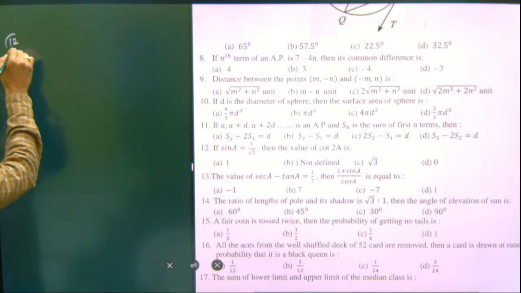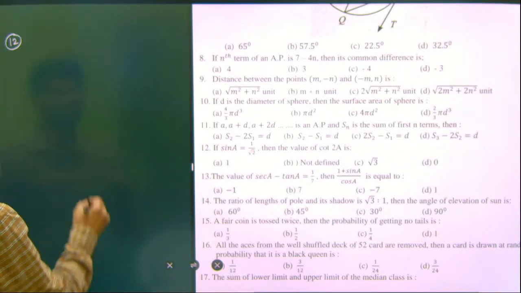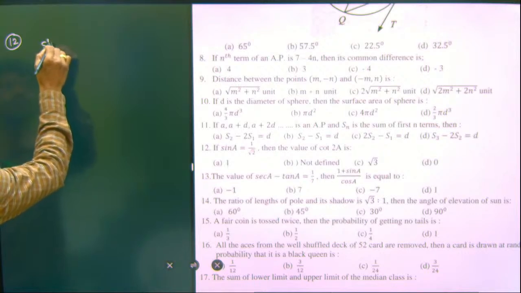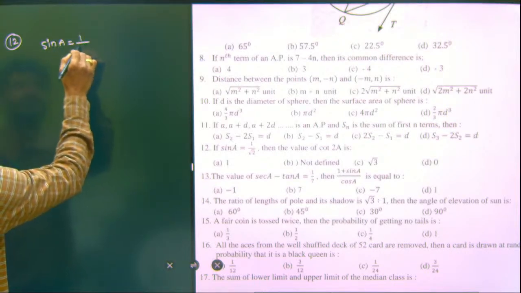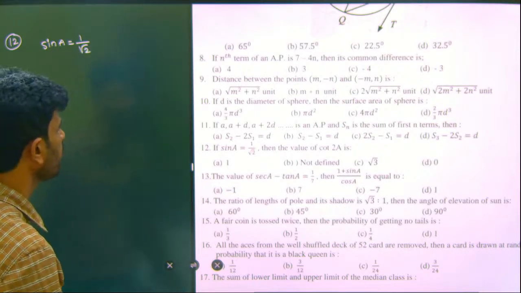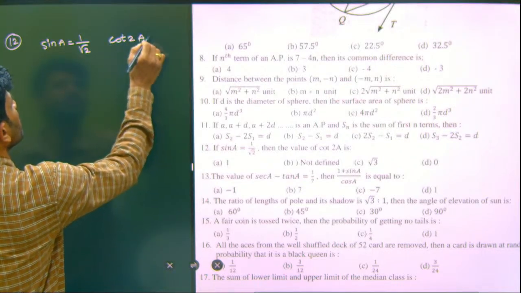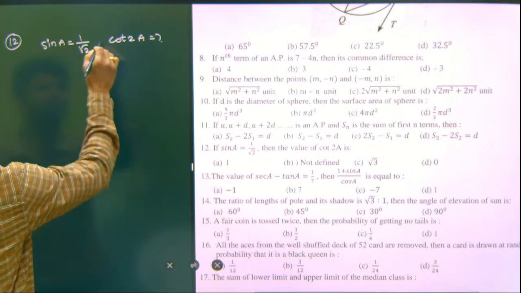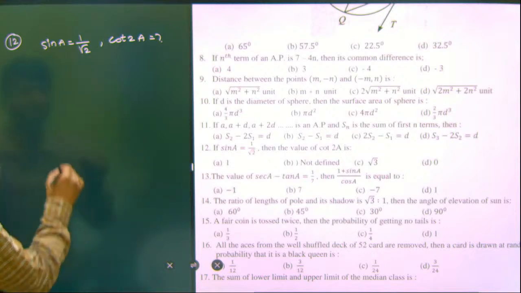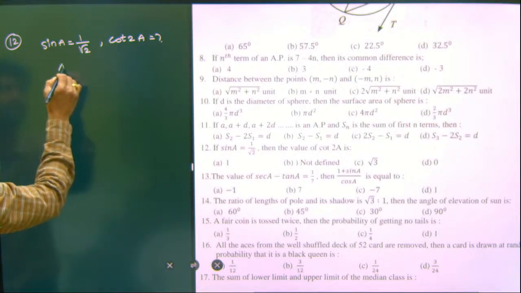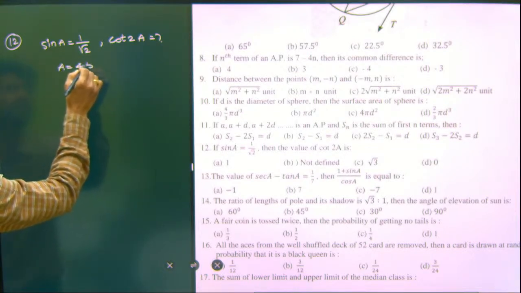Question number 12, what is given? Sin A is equal to 1 by root 2, trigonometry. We have to find out cot 2A. Did anybody get the answer? What is cot 2A? If sin A is equal to 1 by root 2, A is equal to 45 degrees.